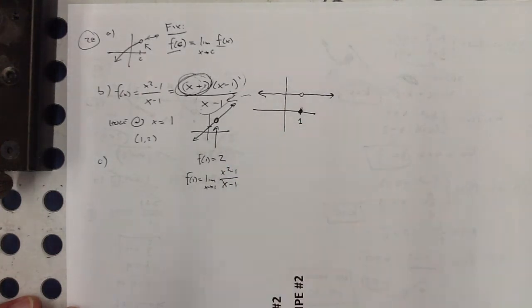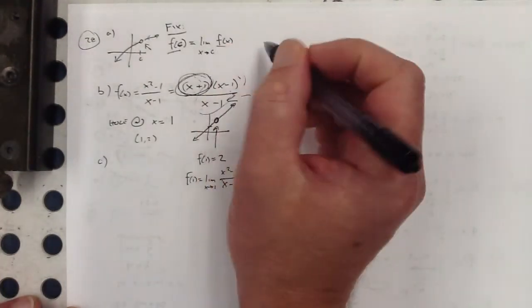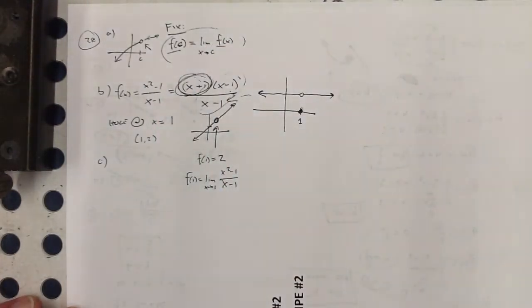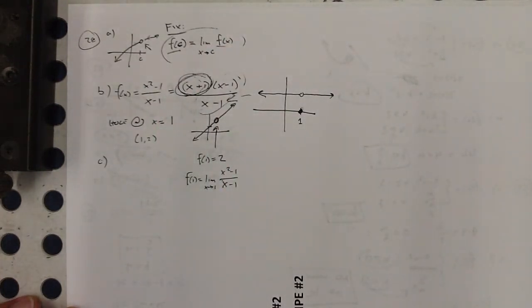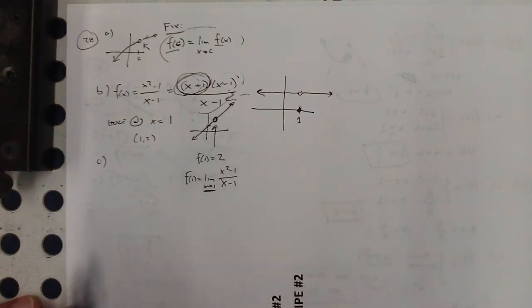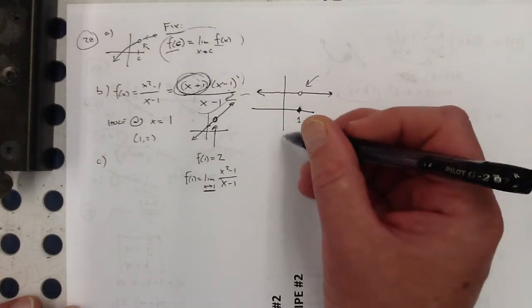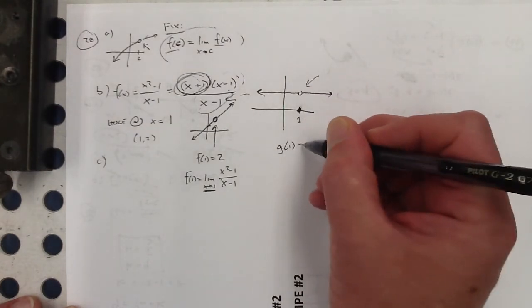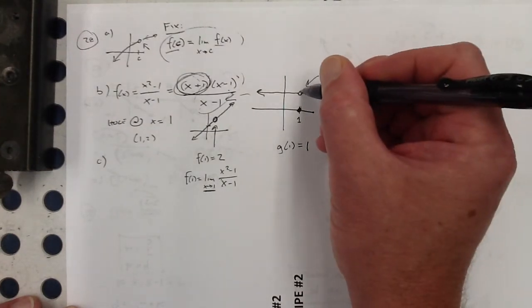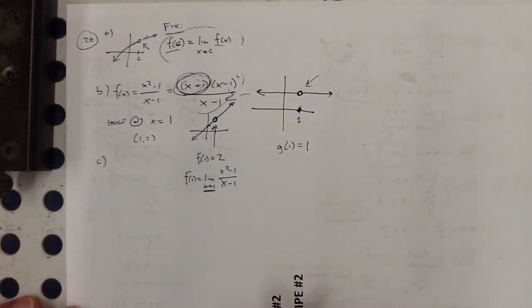Right, that's just like a factor and cancel job there. So here, in all cases it has to be equal to whatever the limit is as you approach where the hole is. And then here, what would g of 1 have to be equal to? It would have to be equal to 1, to put that in the right place.